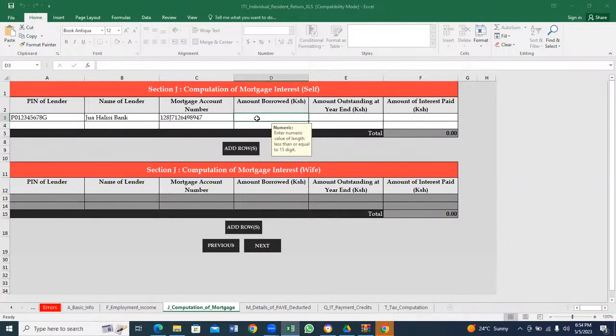Now, what was the amount borrowed? How much did she borrow? Janet Mungai aliomba pesa ngapi ya mortgage?